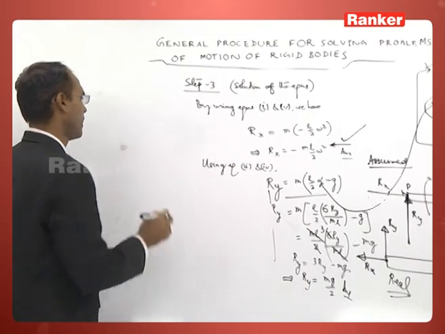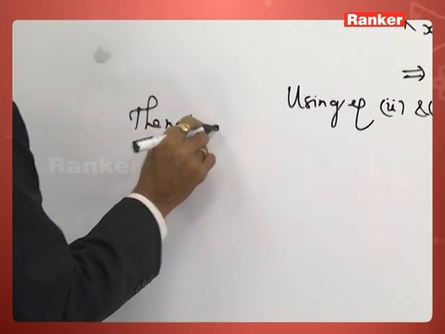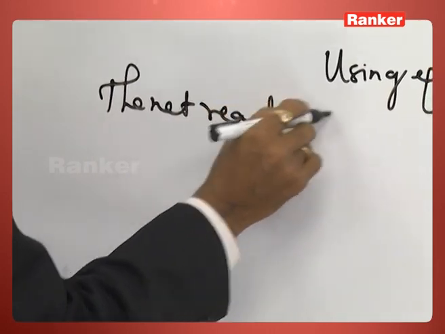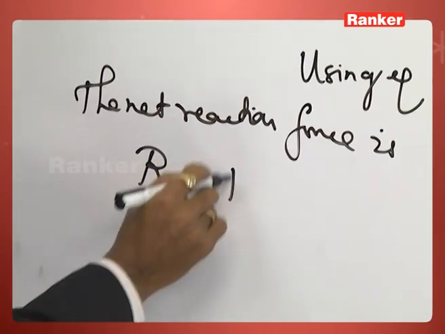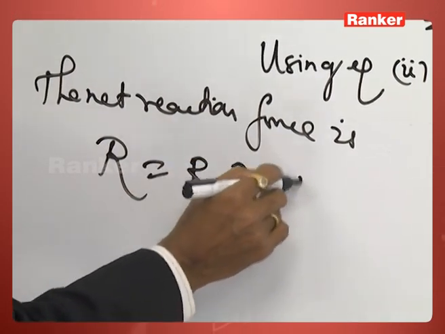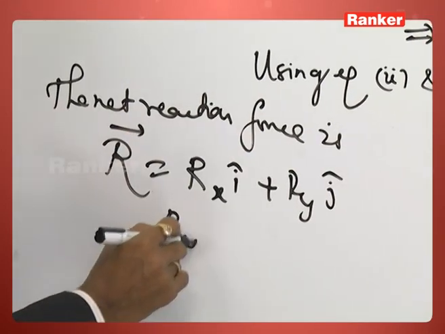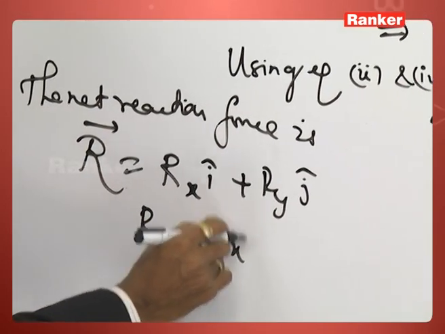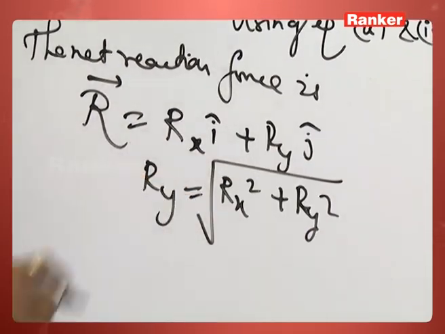Next, the net reaction force is R = Rx i cap + Ry j cap. So its magnitude is equal to the square root of Rx square plus Ry whole square.